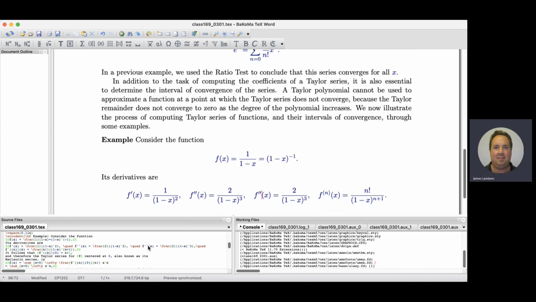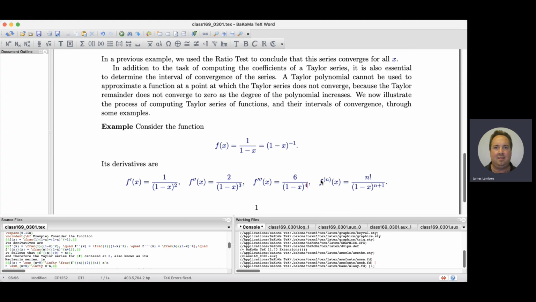So f triple prime would be 6 over 1 minus x all raised to the 4th. So in general, for the nth derivative, you have n factorial, because notice 2 factorial is 2, 3 factorial is 6, and so on, divided by 1 minus x raised to the n plus 1 power.